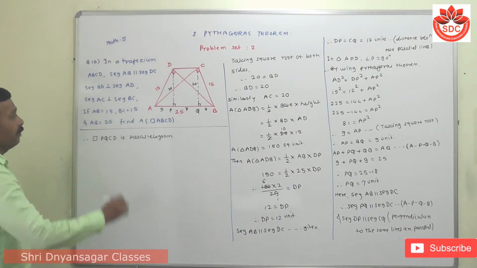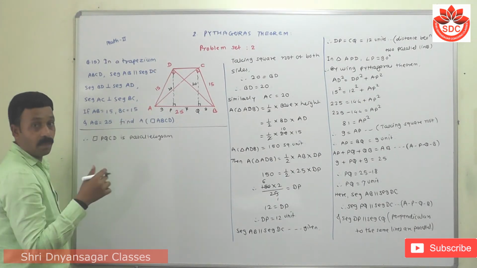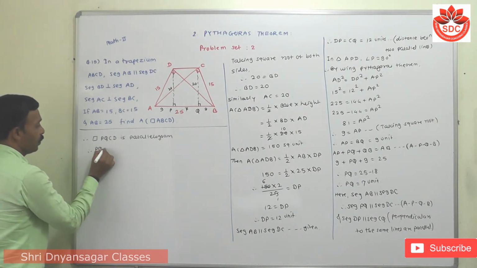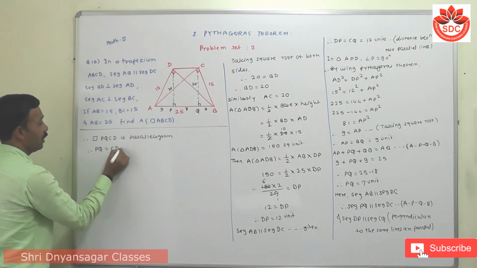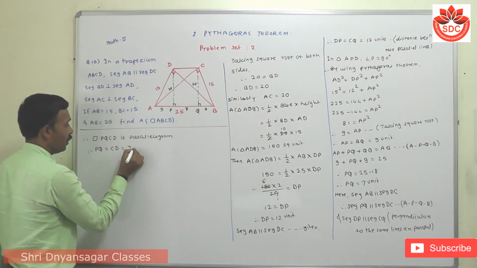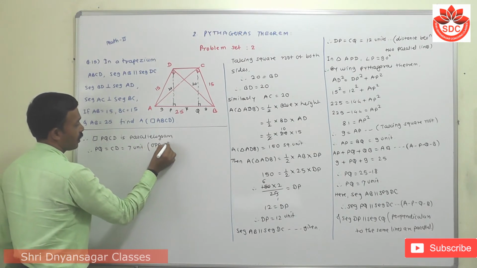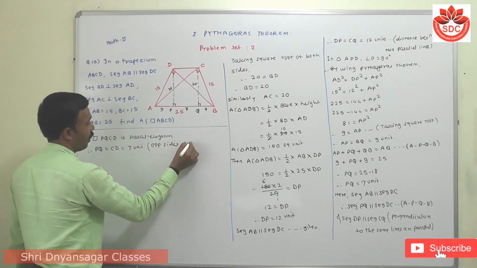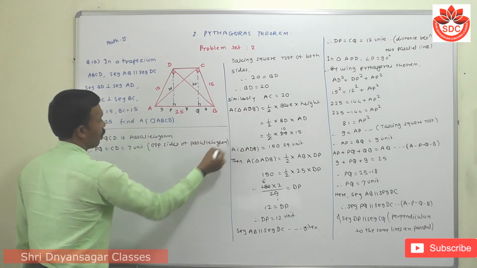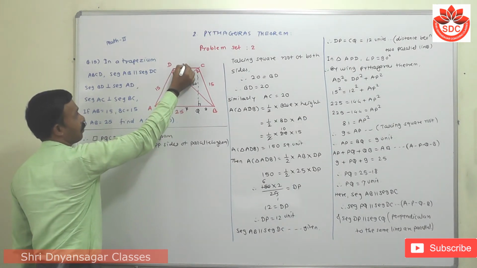Okay, then if it is a parallelogram, then opposite sides of a parallelogram are equal, so therefore PQ is equal to CD is equal to how much? PQ is 7 units, means 7 units, because opposite sides of a parallelogram are equal. Okay, means that PQ and CD are also the same.